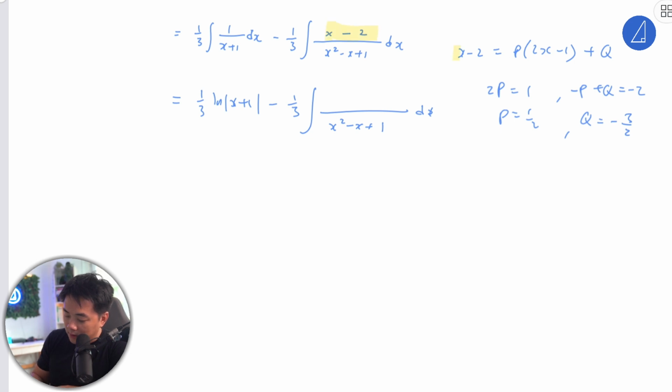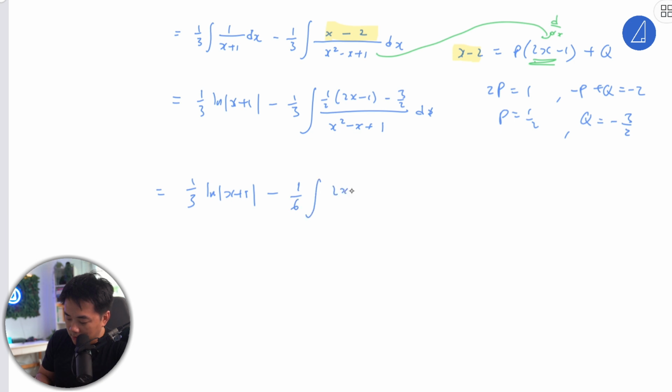So what I do is this over here will be the derivative of this denominator. Okay, so you split up p something. So in this case it will be half of (2x minus 1) minus 3 over 2. Okay, so here shouldn't be an issue. Ln, then split it up, minus, distribute it in, 1/6 of 2x minus 1.